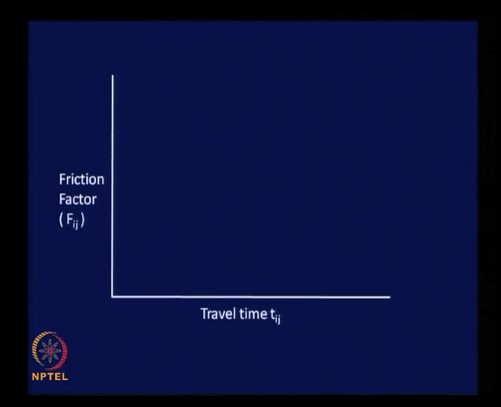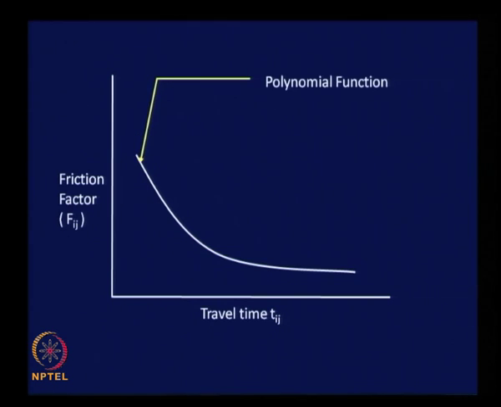Okay. And if you take the first one, polynomial function, this will be the variation of Fij value. Generally Fij will decrease with increase in travel time, okay.